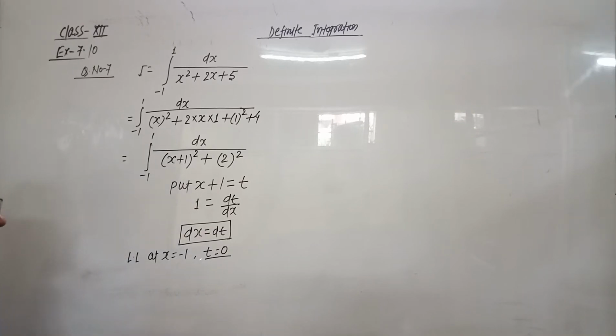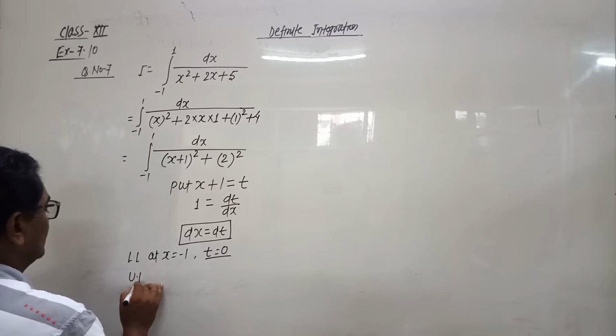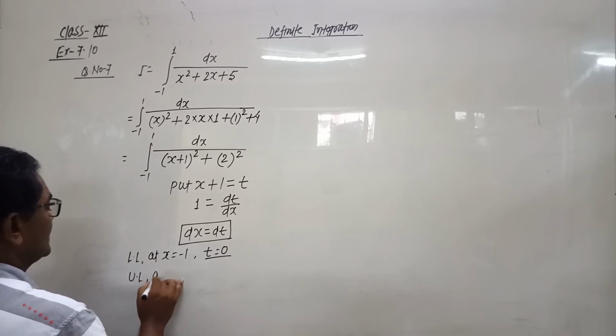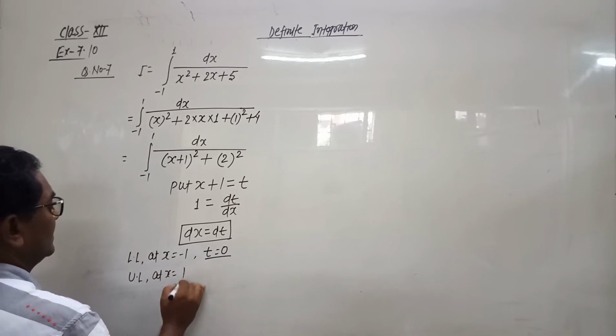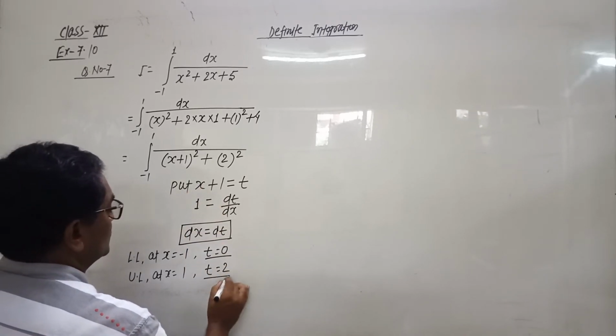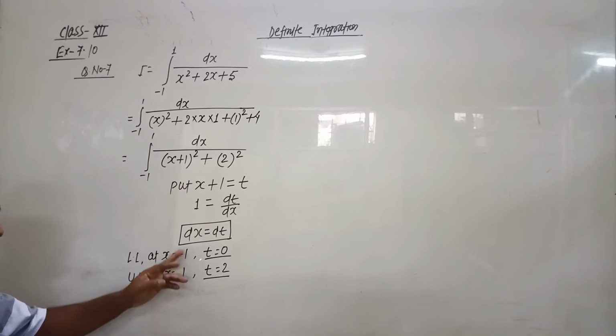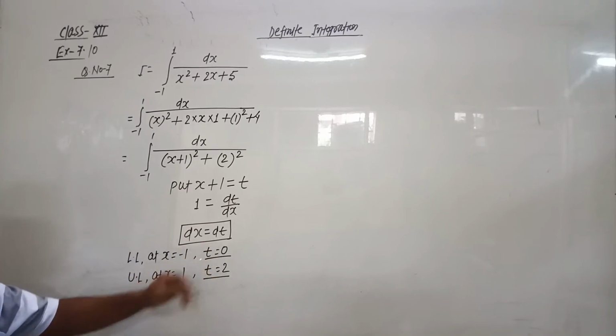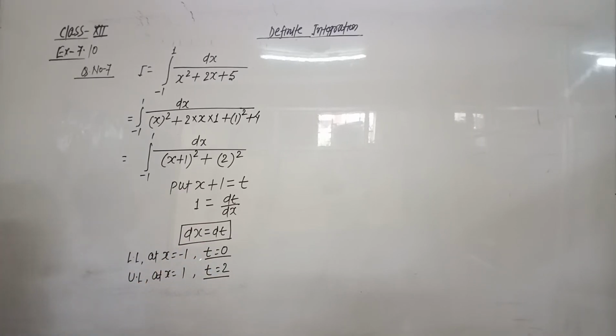Then at x equals to 1, the upper limit, we put x equals to 1 and get t equals to 2. So the upper limit comes to be 2 and the lower limit is 0.